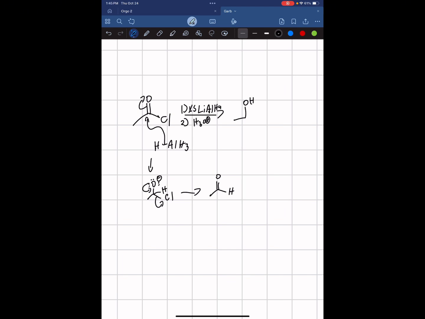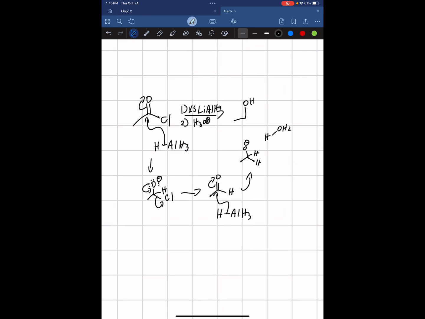And we use excess, so the same thing is going to happen. You're going to have another hydrogen on the AlH3 come in and attack, giving you another hydrogen. And from here, this is where the acidic workup step comes in, where you're going to have hydronium give a hydrogen to that oxygen atom, and that's going to give you this. So this one's pretty easy too.